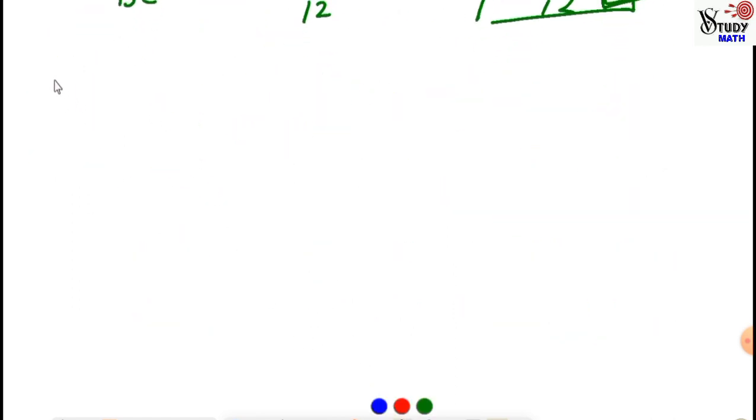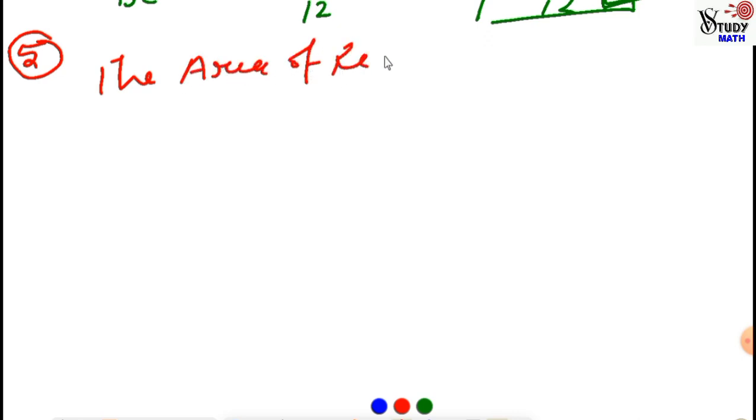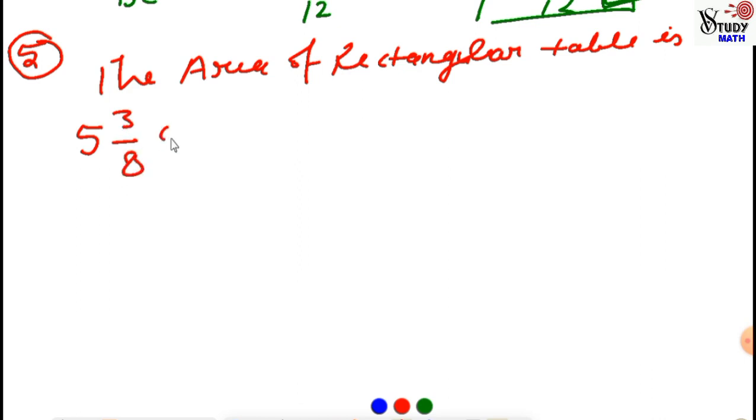Now comes question number 5. In question number 5 it is given that the area of a rectangular table is 5 and 3 by 8 meter square.